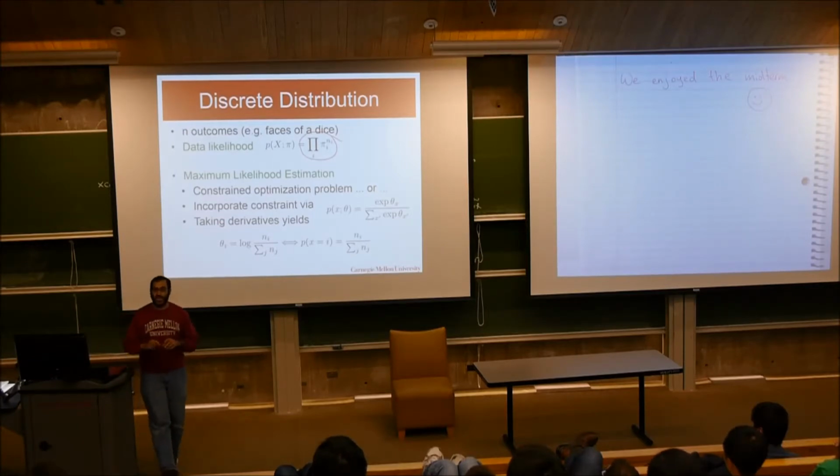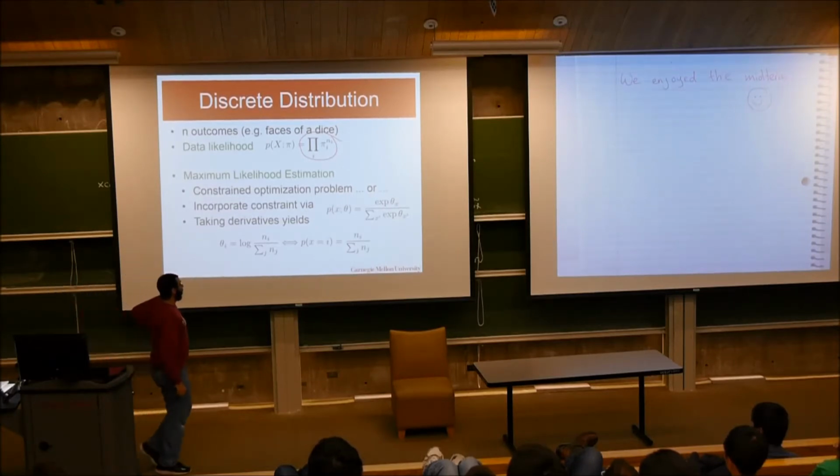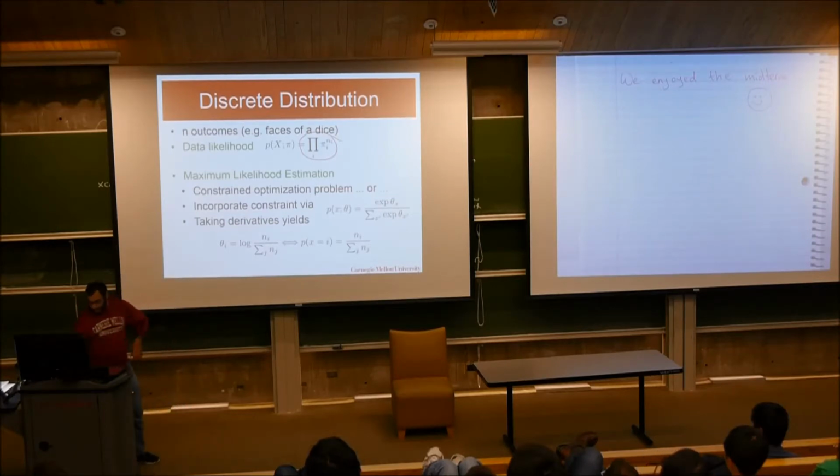And so you can solve that as a constrained optimization problem: compute the constraints, add Lagrange multipliers, and so on. Or you can use a trick, which is you simply write each pi_i to be exponential theta_i over the sum of all exponentials.